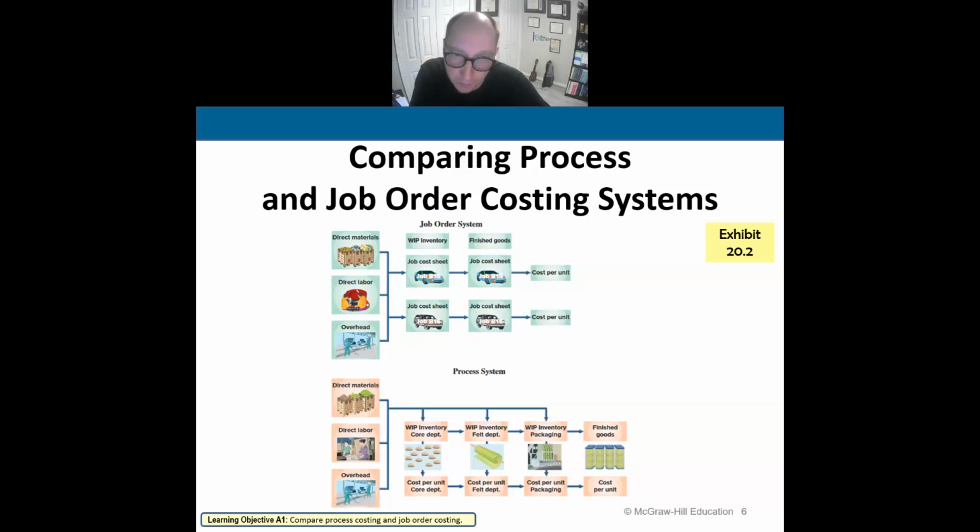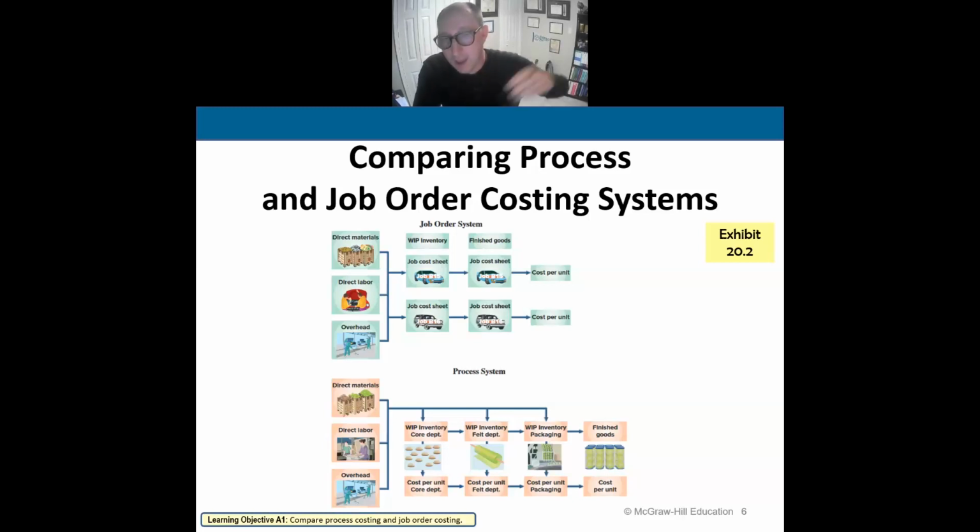Direct material, direct labor, and factory overhead can be traced directly to the job, the product. That's job order costing. Process costing is different.